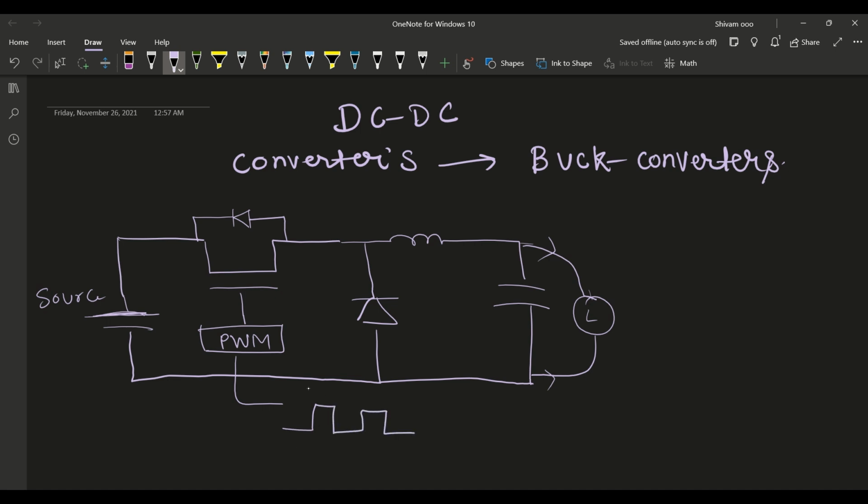This is T on and this is T off. Depending upon that, the source will be connected to the output cap across the load.